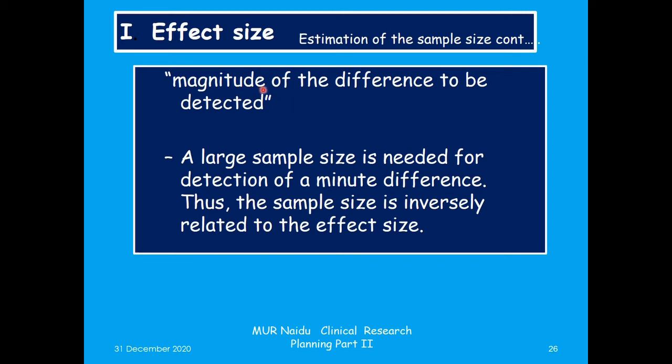If you are looking for the higher magnitude of the effect, naturally the sample size will be increased. So a large sample size is needed for detection of a very minute difference in the effect. Thus, the sample size is inversely related to the effect size. If the effect size is coming down, the number of samples required will be more.